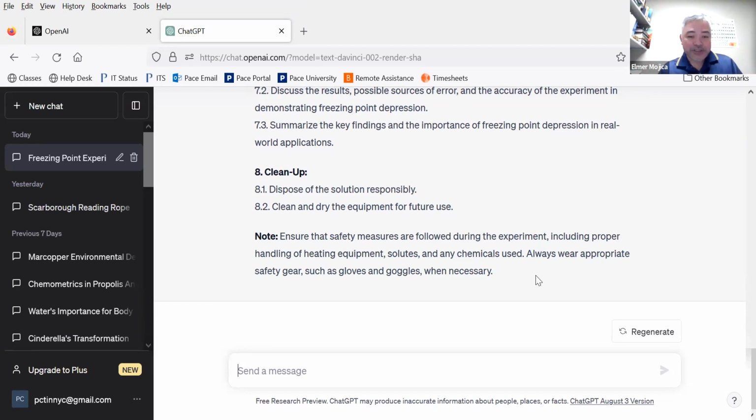Now, another way that you can use it is as a quiz generator. So: as a college professor, make a 5 multiple choice item quiz based on colligative properties.